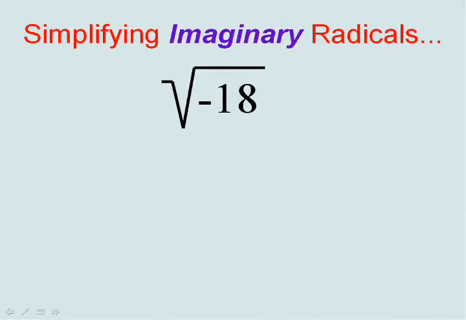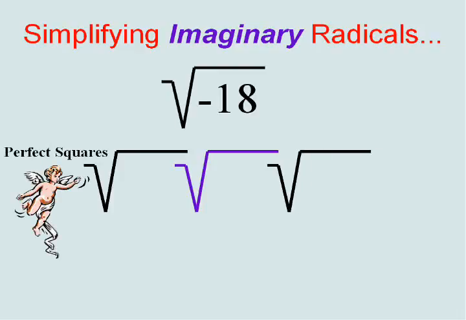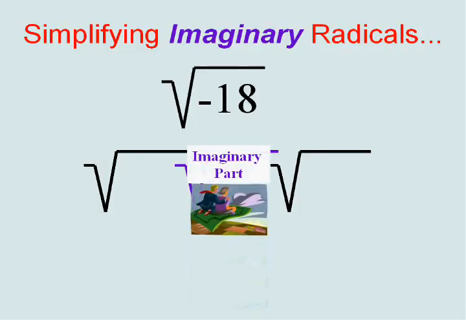What are we going to do here? We've got an imaginary number because we've got the square root of a negative number. Well, pretty much the same thing. We're going to use our perfect squares, but this time we're going to throw in somebody else. You see there's a new one in the middle. We've got the perfect squares, and the new one is the imaginary part.